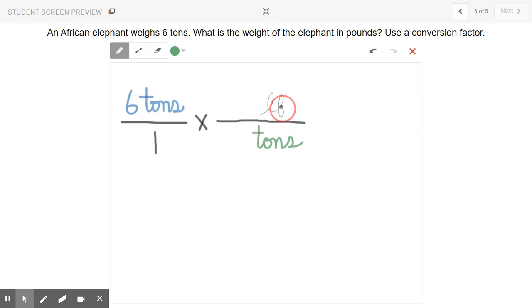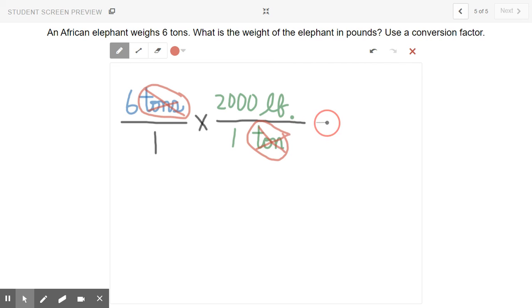And the abbreviation for pounds is LB. Now, what's the relationship of tons and pounds? 1 ton is 2,000 pounds. So because it's 1 ton, I could erase the 0. You don't have to have it there. Now I want to simplify my problem. I noticed I have a numerator, tons, and a denominator, ton, and they cancel each other out and turn to 1, but you could just cancel them out.